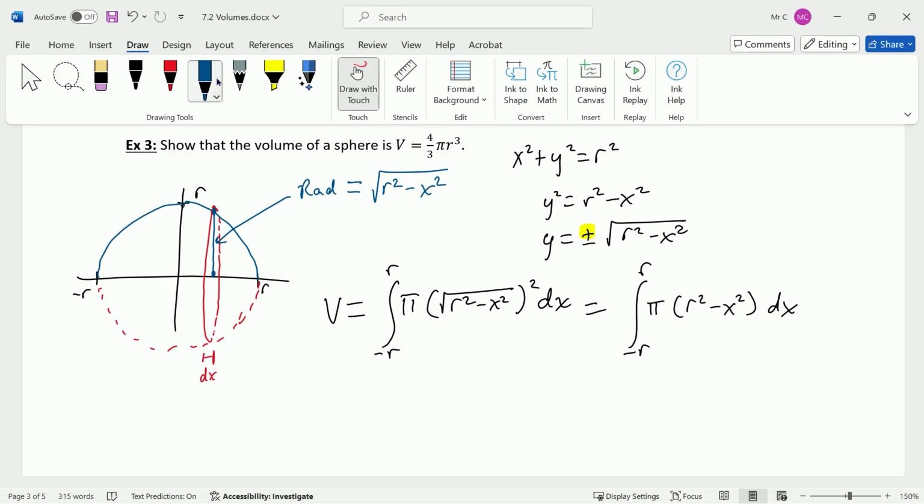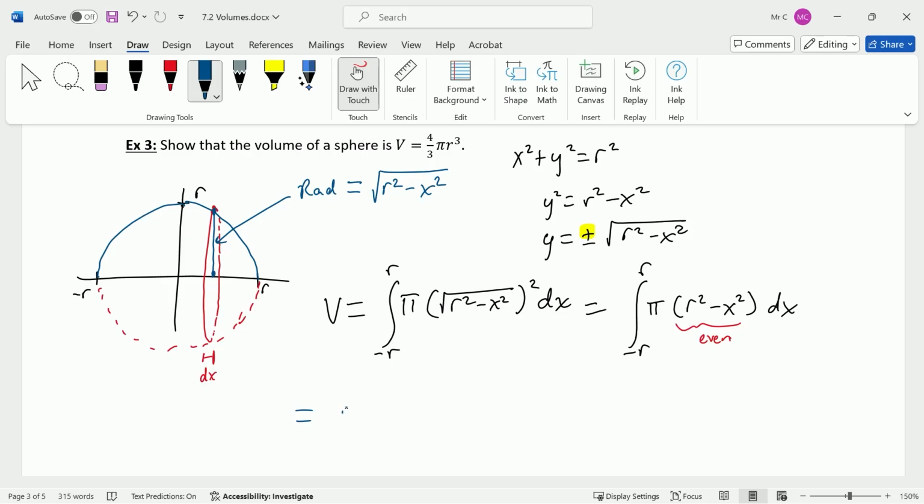Now, this function here is an even function, and so we learned in Calc 1 that when we integrate an even function from negative a to a, we can just double that integral. And that should make sense because you can see if I take the integral from 0 to r and evaluate that, I'm going to get half of the sphere, so I would need twice that.